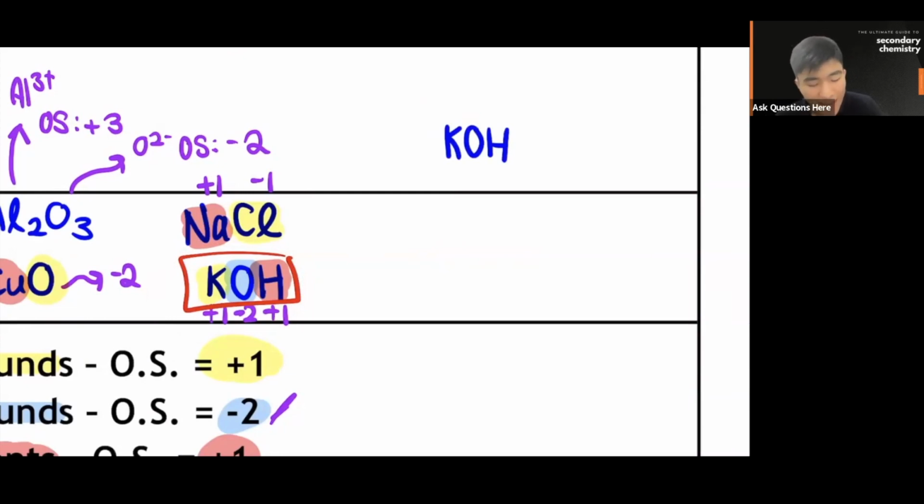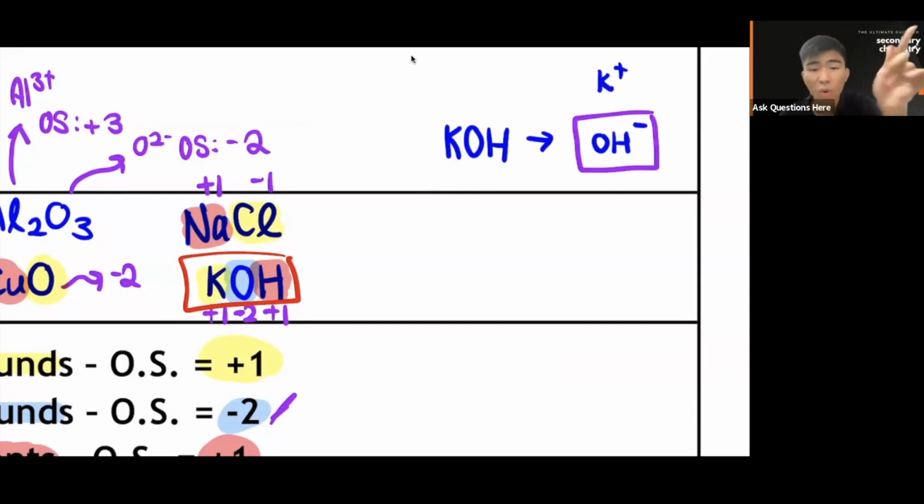We also know that alkalis dissociate to give us K plus ions and OH minus ions. Now, since this is one molecule, why is it that I'm going to separate it out into O and H? This molecule over here is made up of both oxygen and hydrogen.